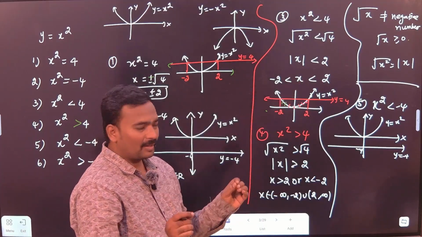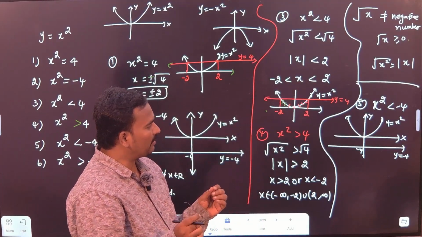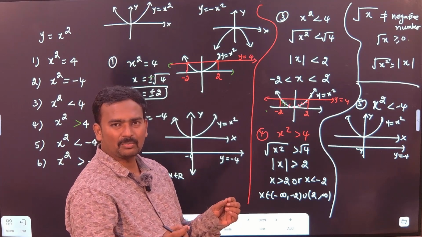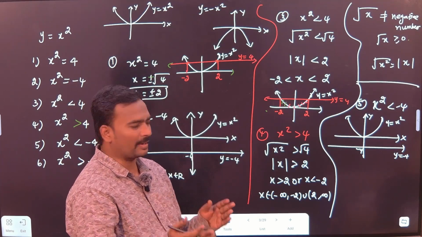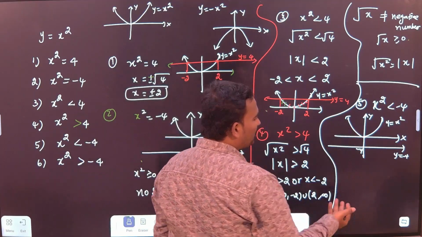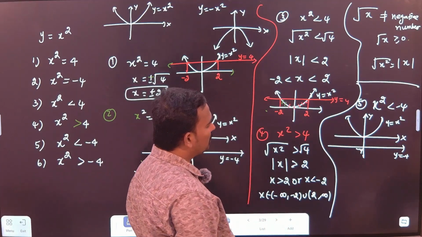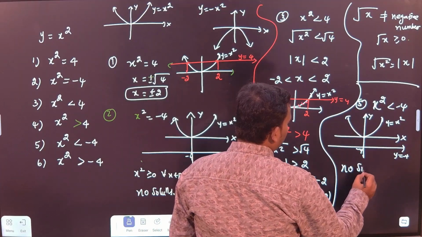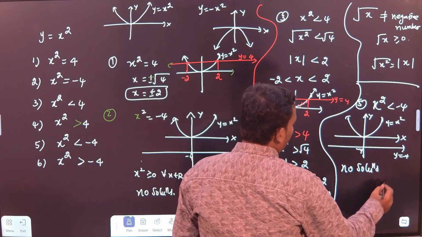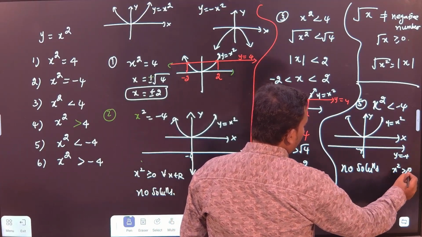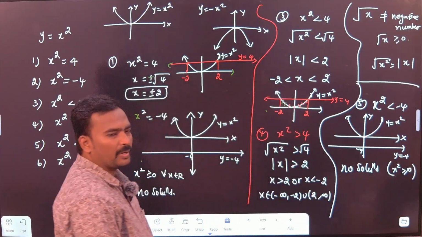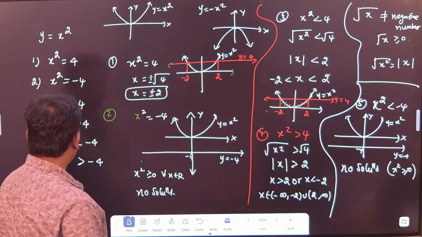So we need all the x square values less than minus 4. Square is always positive, no? Less than minus 4 means all are negative. So there is no intersection here, nothing common, therefore there are no solutions. No solutions, right? Because x square is always greater than or equal to 0, so it cannot be negative. Fine.